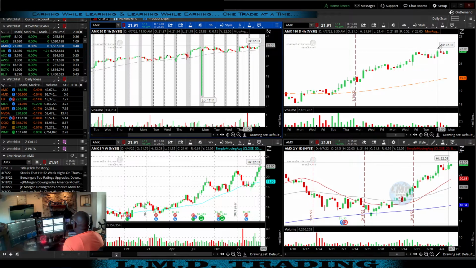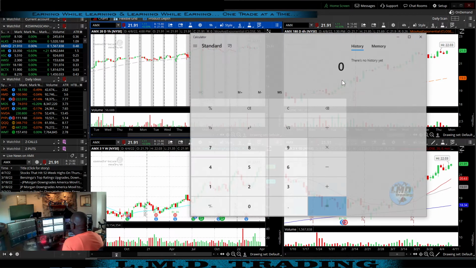So if this breaks this high, 2203, let's say 2333. That's 70 cents. I would give that a 70-cent stop. Depending on my risk, that would determine how many shares I buy. And the way I do that, pull my calculator up real quick.